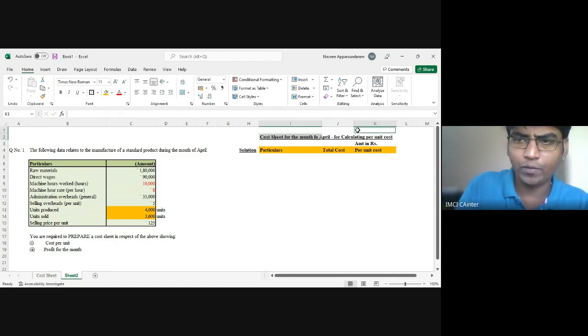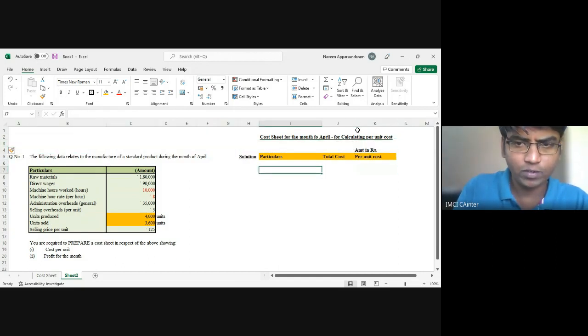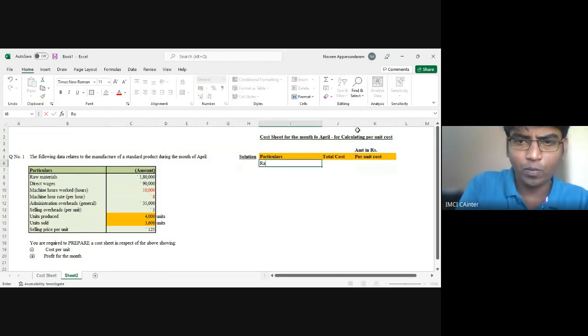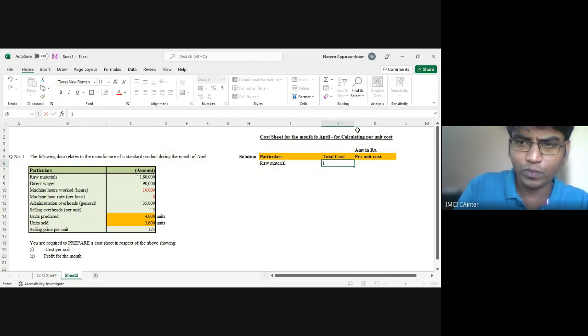We are doing this to arrive at the per unit cost. So totally 4,000 units produced. I have marked in a different color, so you can see it. First, raw material and direct wages. What is the raw material total cost? 1,80,000. I can take it in full, correct?